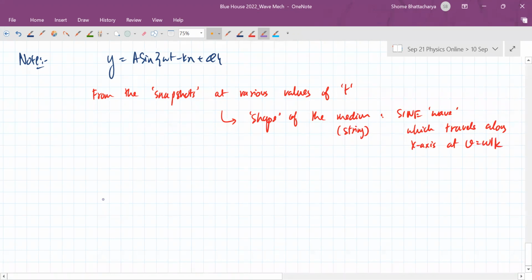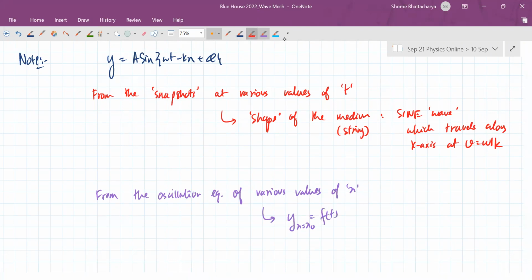Whereas from the oscillation equation at various values of x, you can see, whereas here when we take a snapshot picture at some particular instant t naught, it becomes a function of x.